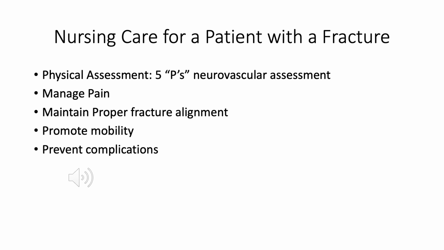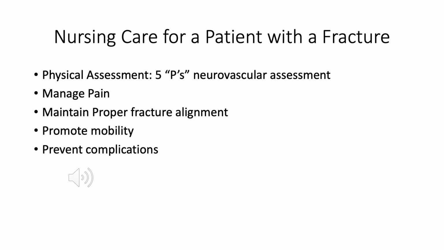Nursing care for a patient with a fracture starts with an assessment. The assessment of this patient should include obtaining a health history and performing a physical examination. The physical assessment should include an assessment of distal pulses in the injured extremity.